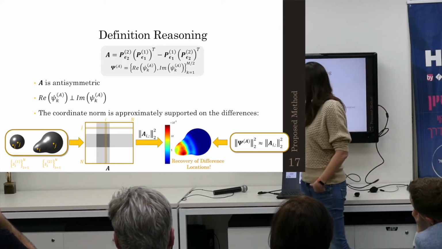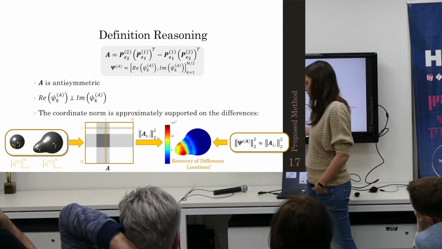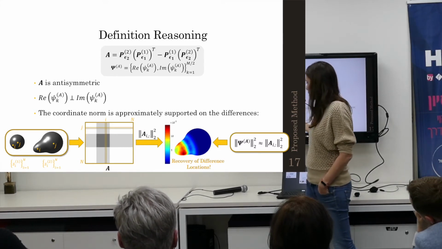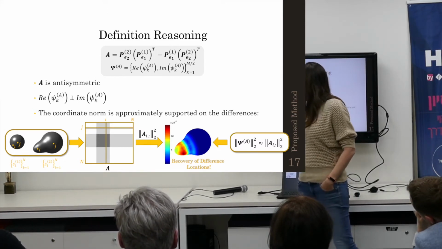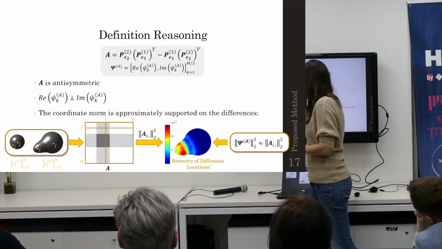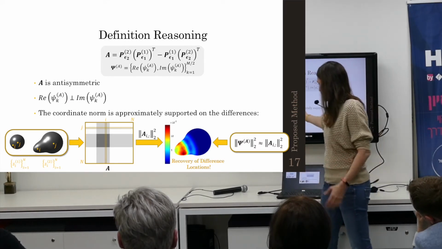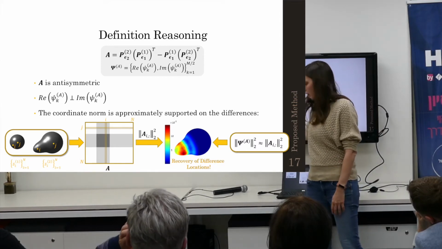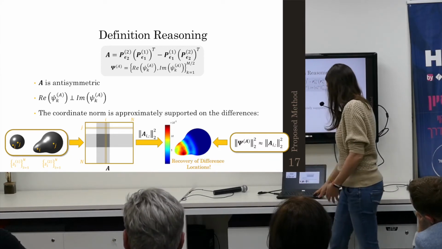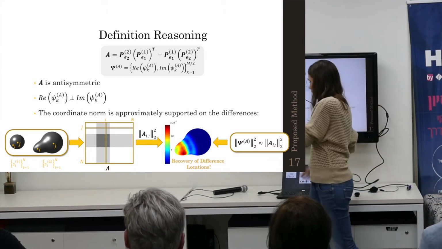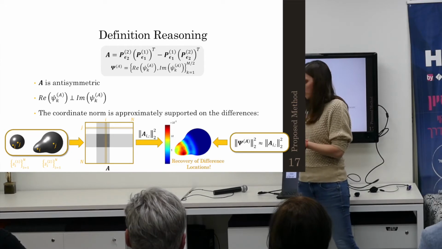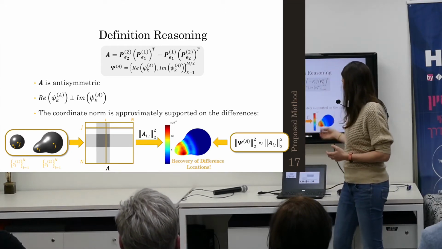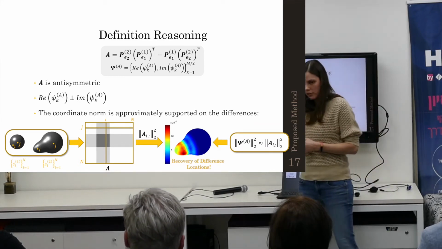So if we look at row i and column j, we can show that it will be non-zero only if either i or j are on the difference area. So it will look something like this, where the regions where both i and j are on the difference area is much higher. So what this means is that we take two data sets which we don't know much about, and then using the row sum of this matrix, we can highlight the location of the differences.